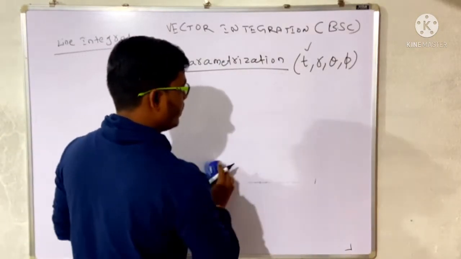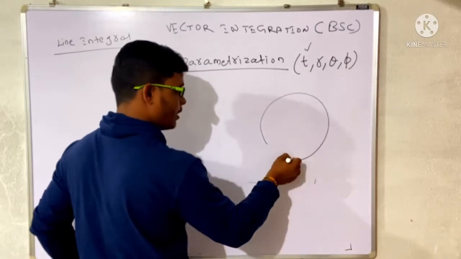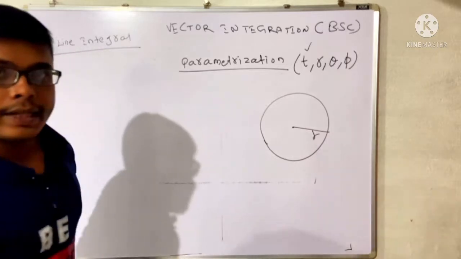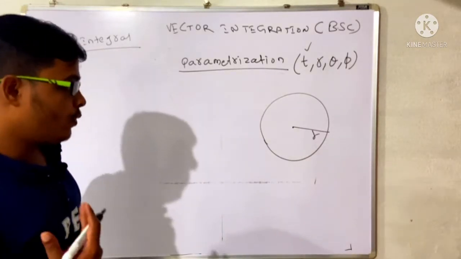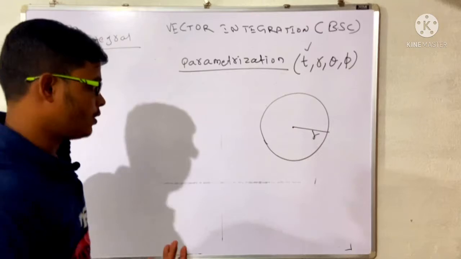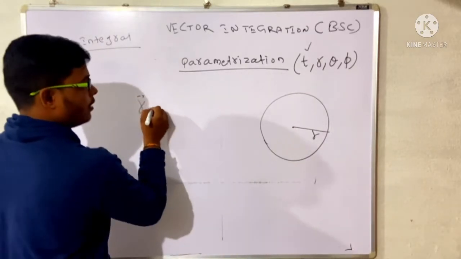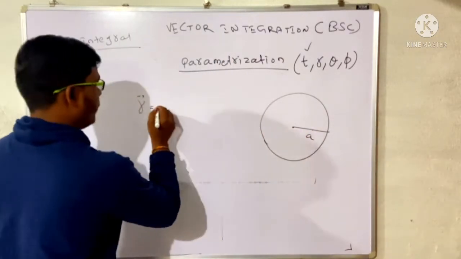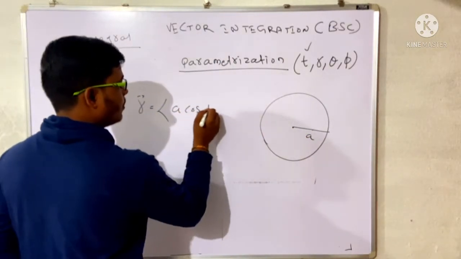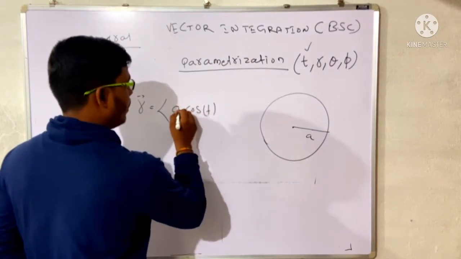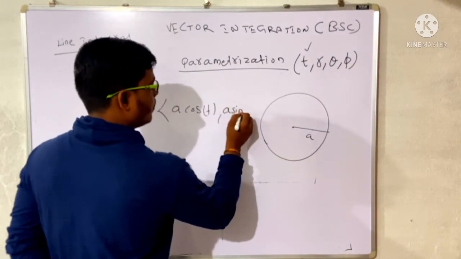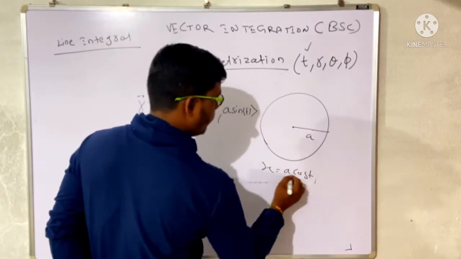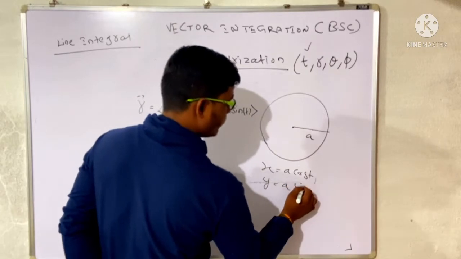So in the circular case, if it is a circle and the radius is a, what will be the parameterization? If you study the polar coordinate system, let's take the radius as a, so your path will be x equal to a cos t and y equal to a sin t.